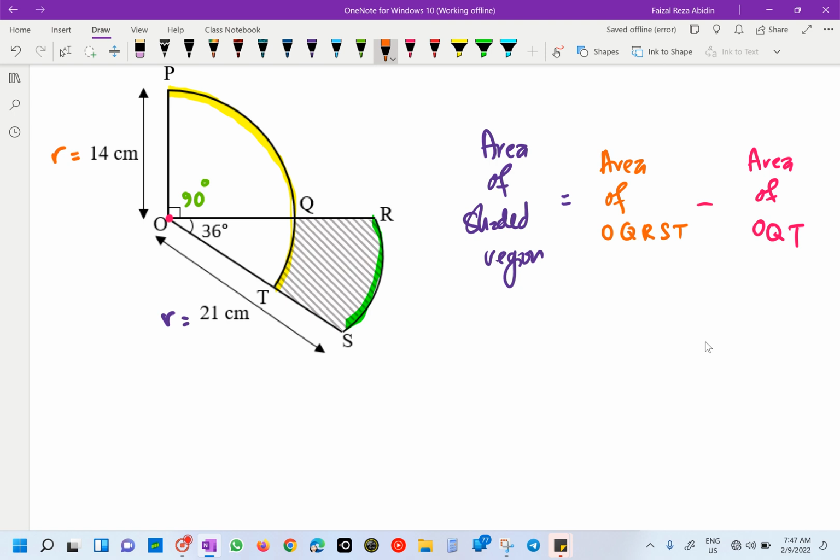So to find for the area for our OQRST is going to be, straight away I bring pi r square to the right side. So means that we are going to get 36 over 360 times with pi 22 over 7 times with the radius here is going to be 21. Don't forget square. Ada orang lupa square habis.